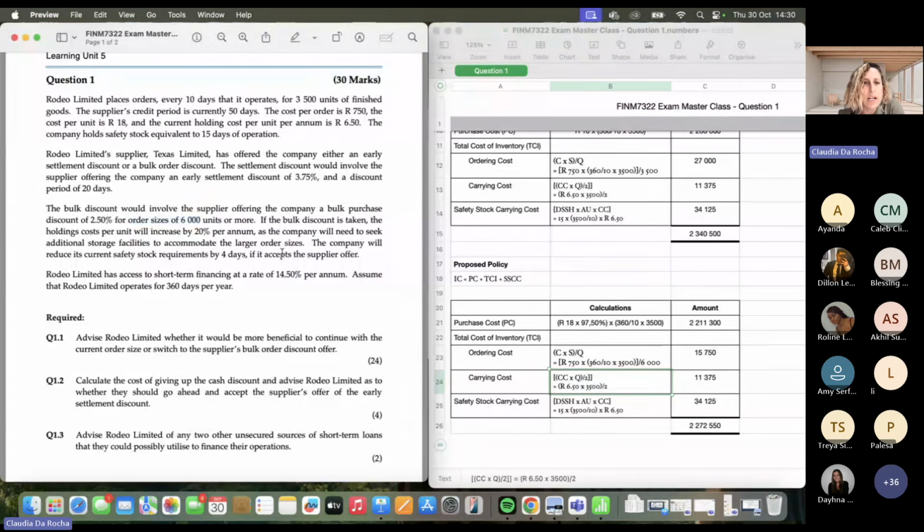Then we go to our carrying cost. Carrying cost is still the same, but your quantity is different now.